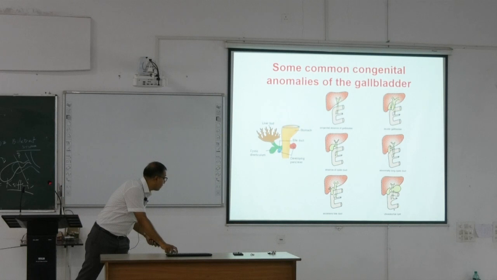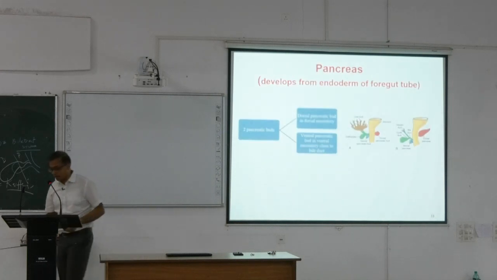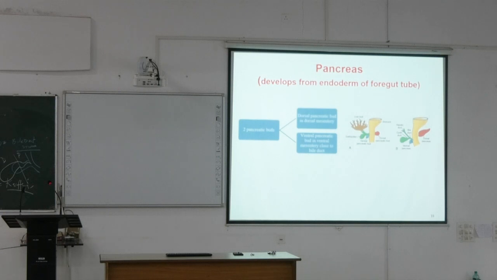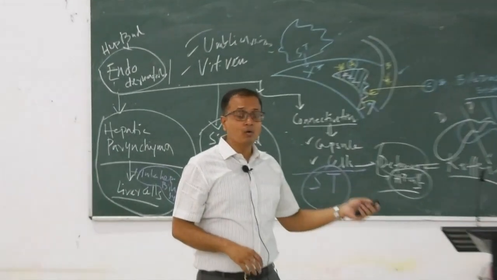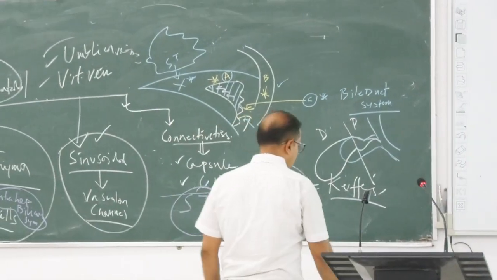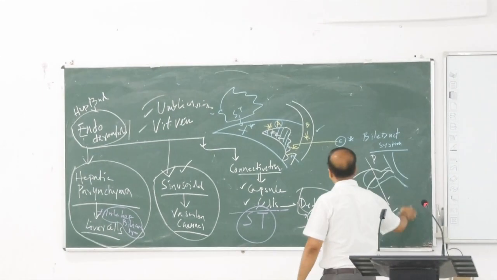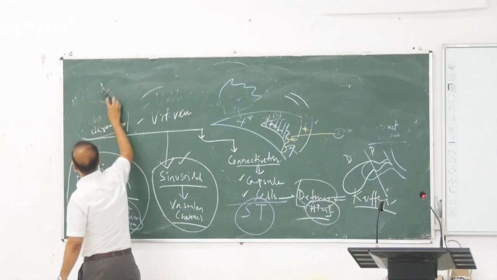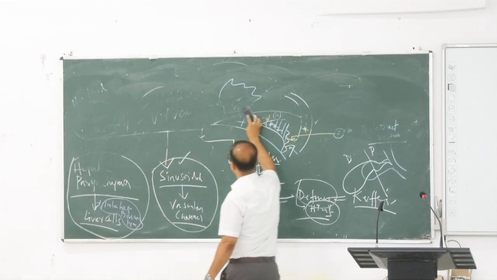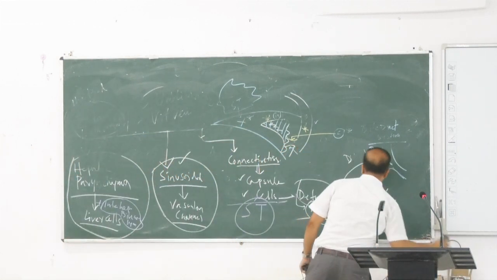Now moving from the gallbladder to another organ which is also a foregut derivative, we call it the pancreas. We have learned about the gallbladder, and about hepatic development, which is a growing phenomenon. Now another important organ here is the pancreas. Like the gallbladder and the liver, the pancreas also develops as an outpouch from the same primitive gut tube.